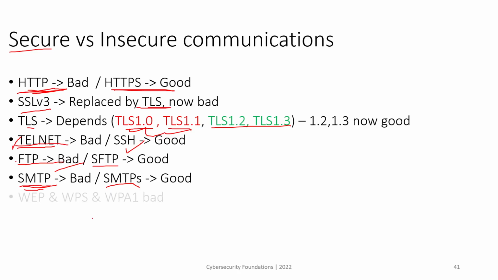In wireless communication as well, we may hear about WPA, WPS, WEP, or WPA2. When you configure a wireless network, you usually find one of these words, and you can select which security protocol or which encryption mechanism you can use. Now we should use only WPA2, because WEP, WPS, and WPA1 are all crackable. If your Wi-Fi network is based on WEP, it can be cracked in less than a few hours.